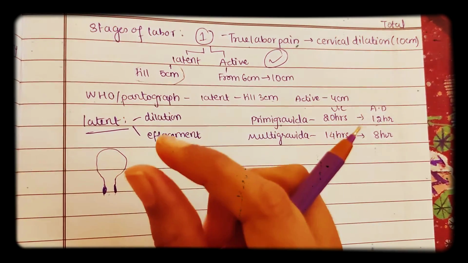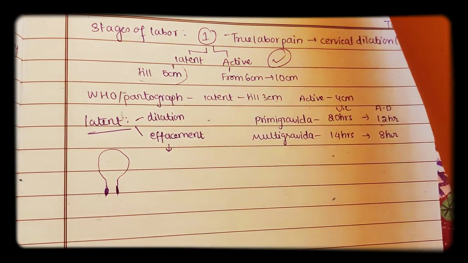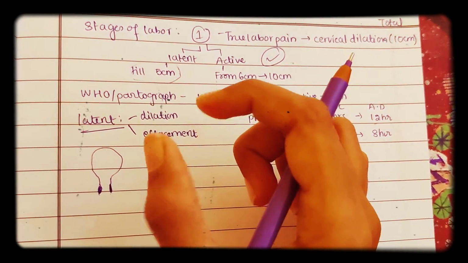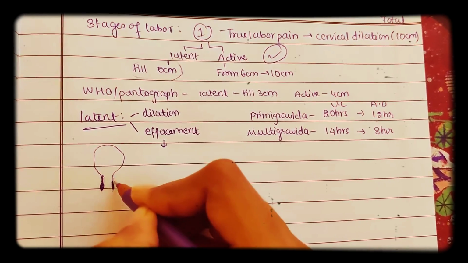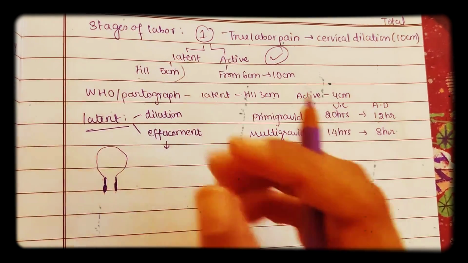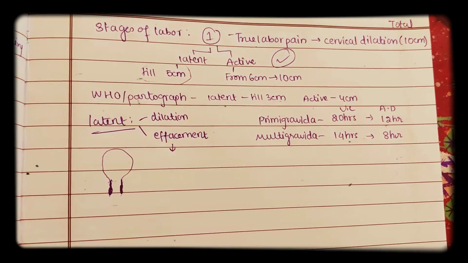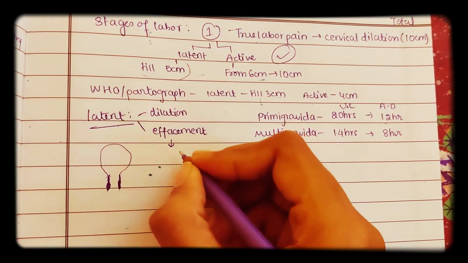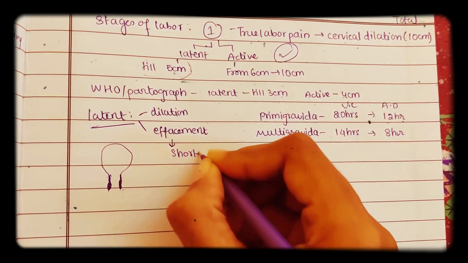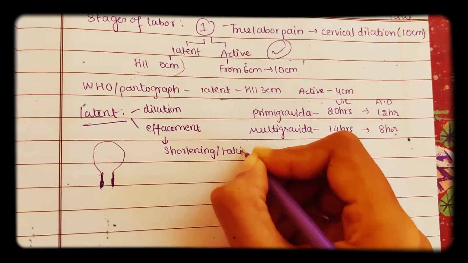As we discussed before, it is dilating means its muscle fibers are getting shortened. As it is getting shortened, it will go and mix along with the walls here, so it will become a part of our vaginal system, right? So this is called effacement. Effacement is shortening or taking up of cervix.